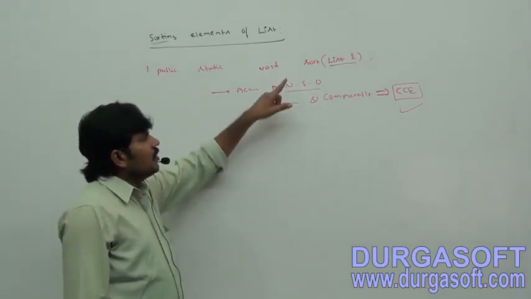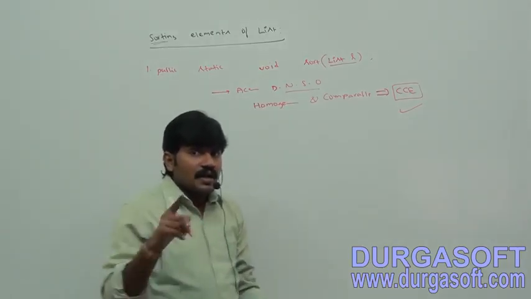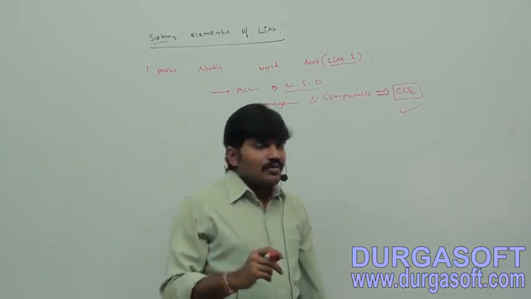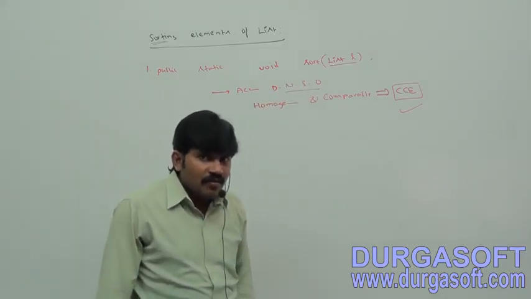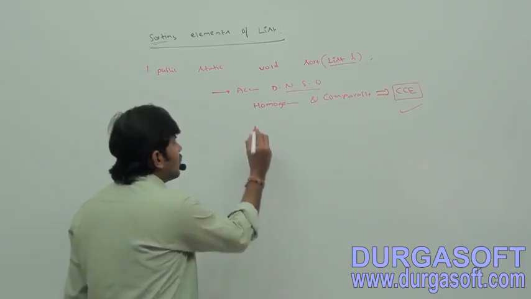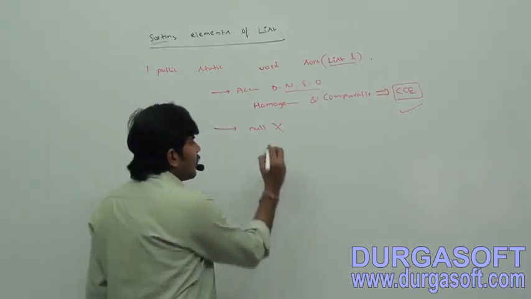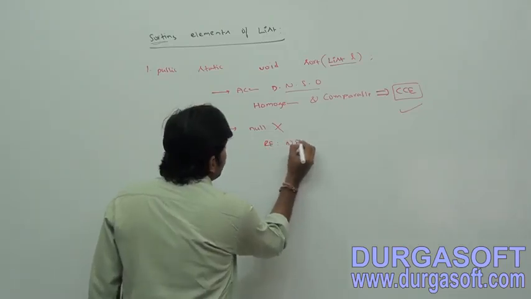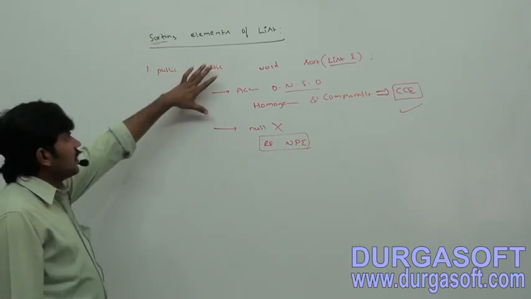Second, if the list, assume it is an ArrayList, contains null, then since sorting requires comparison, what will happen if you compare with null? NullPointerException. So the list should not contain null, otherwise we will get NullPointerException, right? I hope you are clearly aware of the terminology.